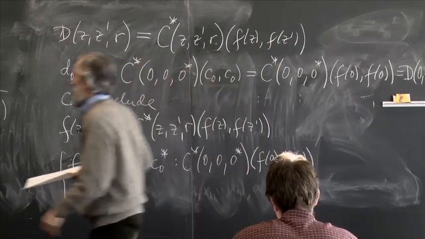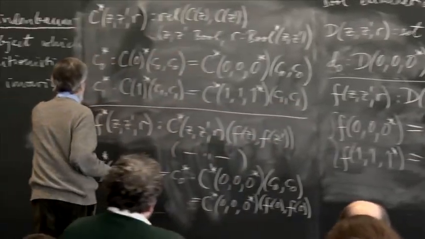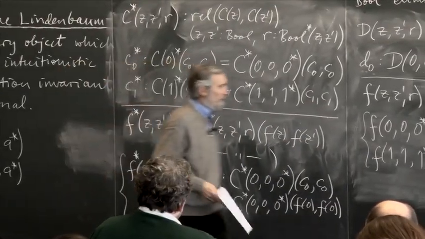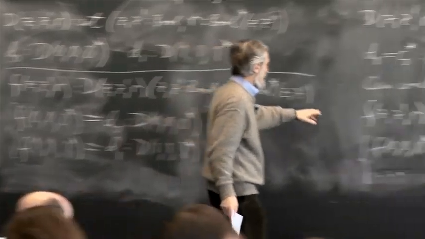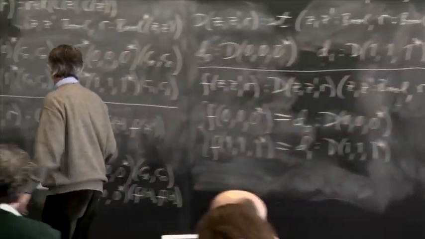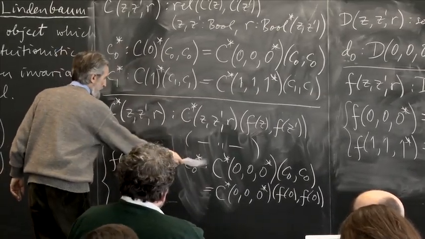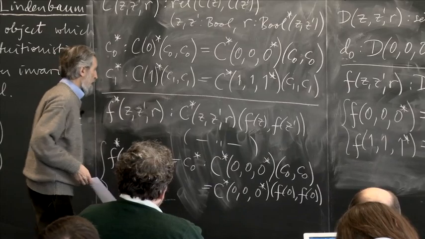So let's compare now that with what we wanted. We wanted to derive this, and that's exactly what we have here, hopefully. And we wanted to satisfy these equations here, this one and the one corresponding one.